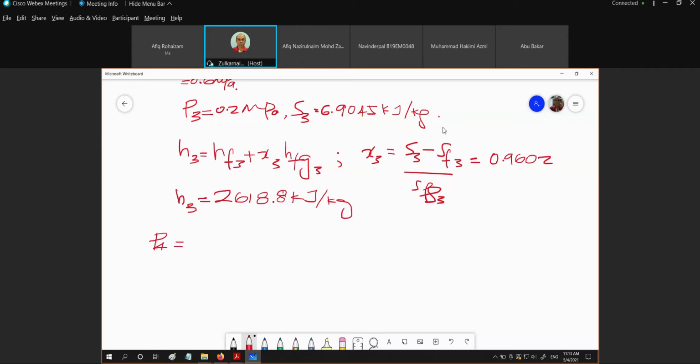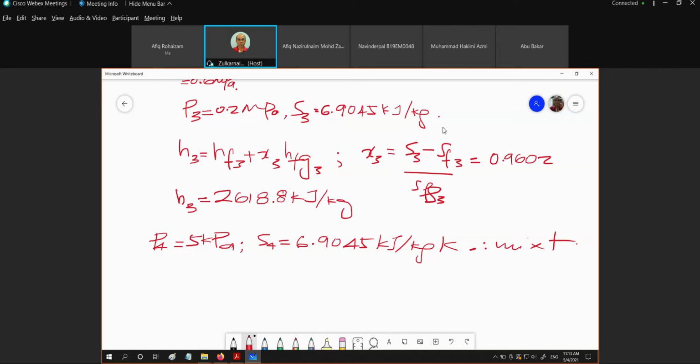Then we use P4, which is equal to 5 kilopascal, and S4 is equal to S1 again, 6.9045. Based on this, we have a mixture.